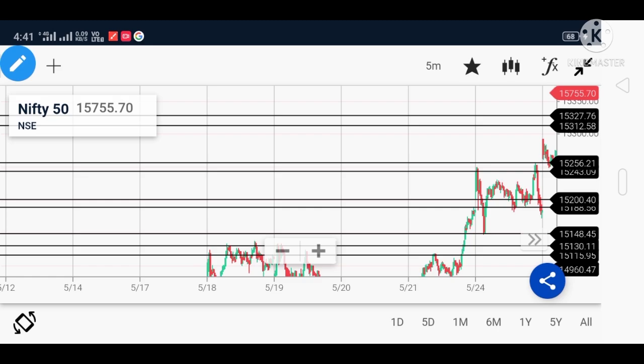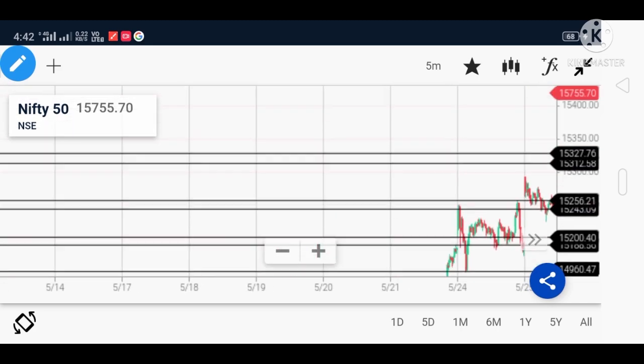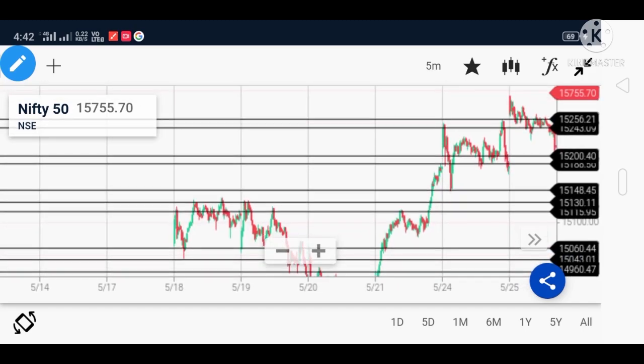So at first we can see the 15,327 line and the 15,312 line. I think the difference between both of them would be exactly 15 points. This is a valid line, right? Yeah, this is a valid line. Let's move this up.